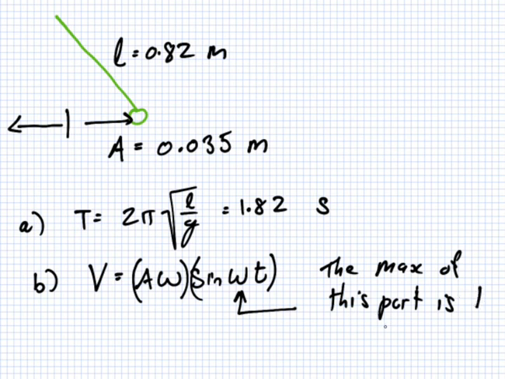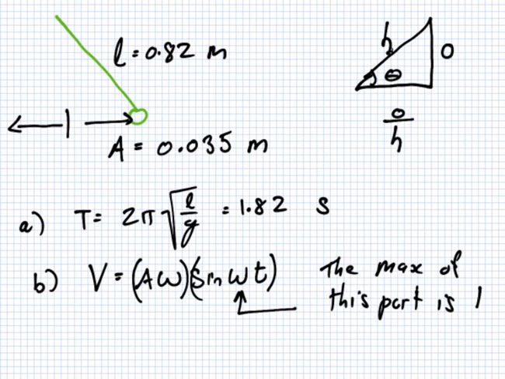1. Sine is never more than 1. You can check it on your calculator. No matter what angle you put in, your sine is never more than 1. Now think about it. What's the formula for sine? Opposite over hypotenuse.